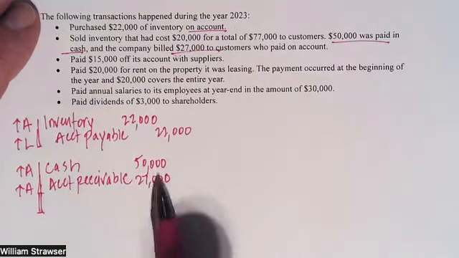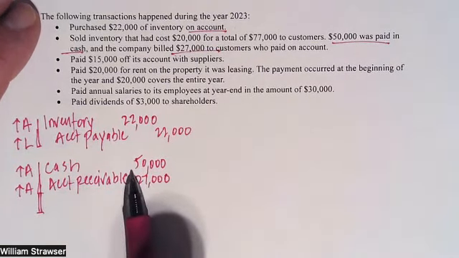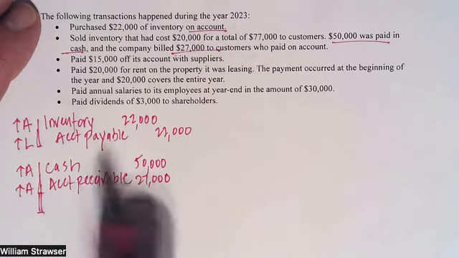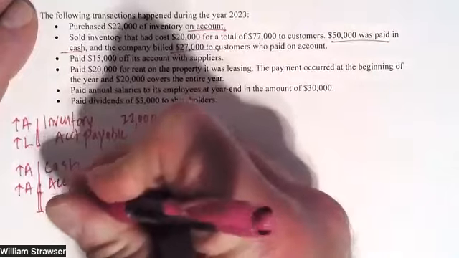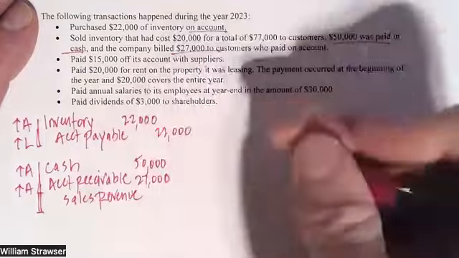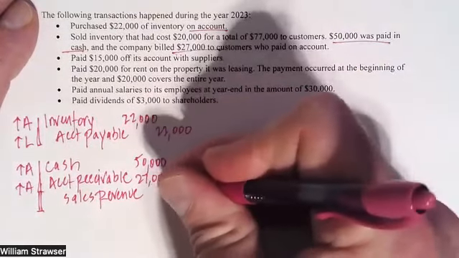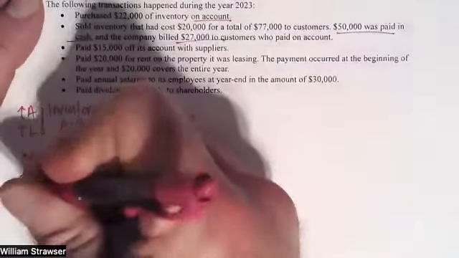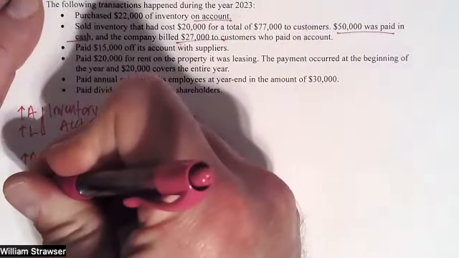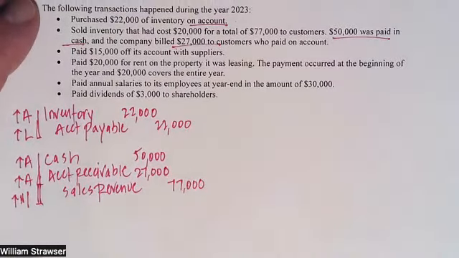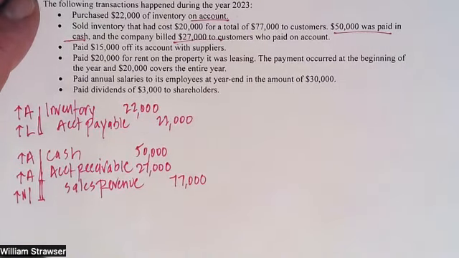But I provided a good or service, and I received consideration for those goods and services. So this would be sales revenue, or just revenue if you prefer. Doesn't really matter to me. Revenue or sales revenue is a net income account, because it affects net income.